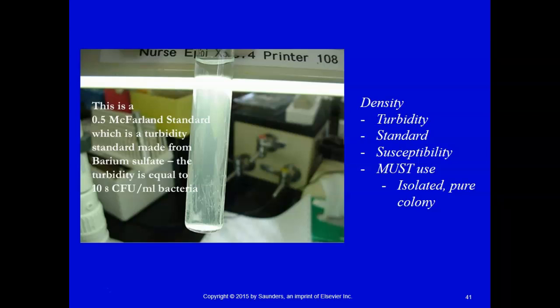We can then measure the turbidity or cloudiness using a spectrophotometer and a McFarland standard. A McFarland standard is a cloudy solution, and this is a 0.5 McFarland standard, so you just compare the cloudiness. We do have a spectrophotometer or a turbidometer that we'll be using in the lab, and you'll get to do these in the lab and make your own McFarland standards.